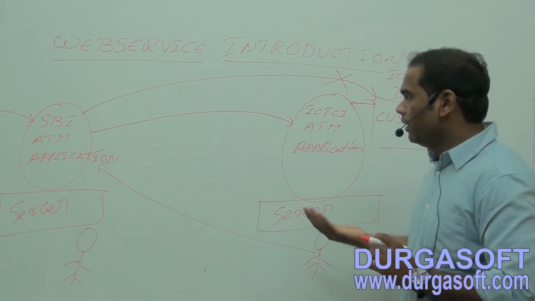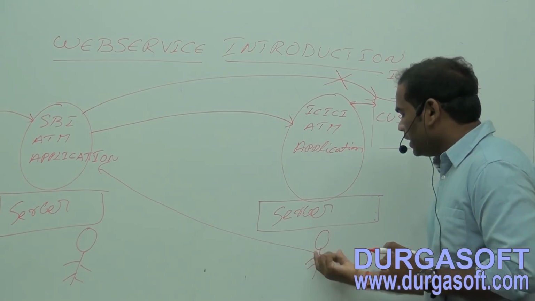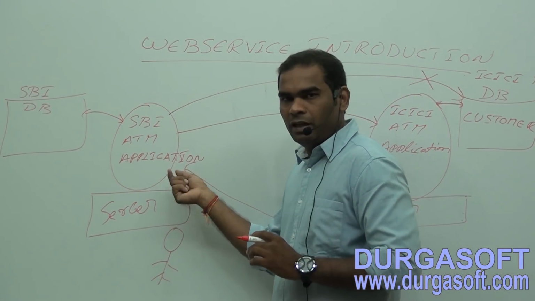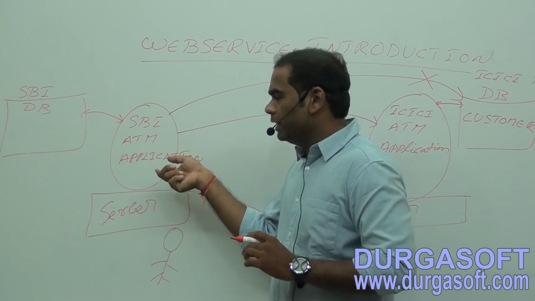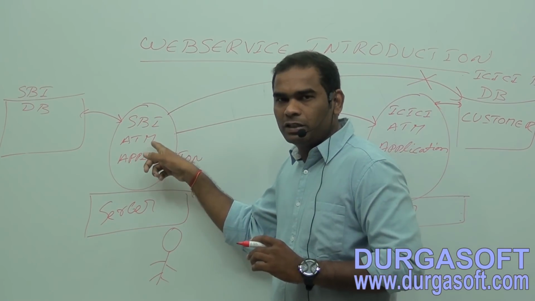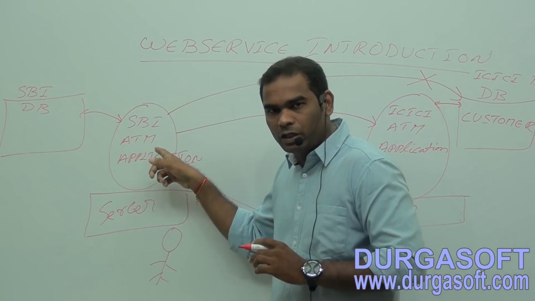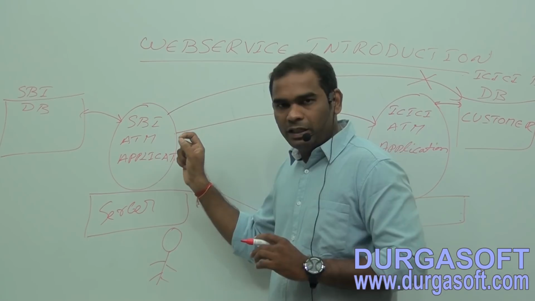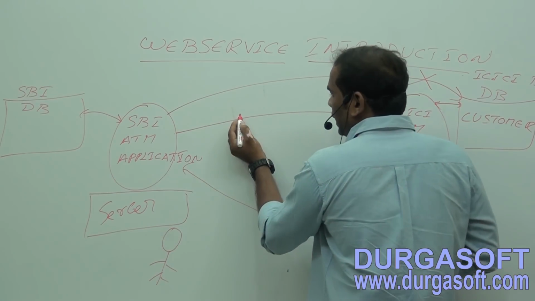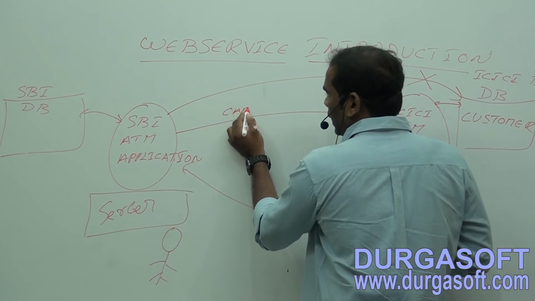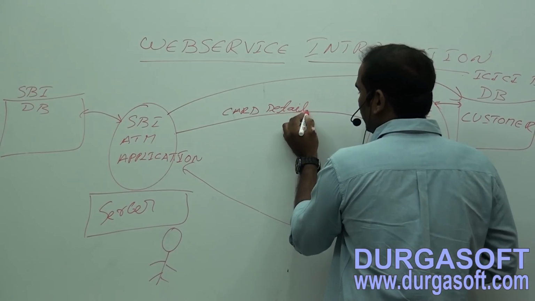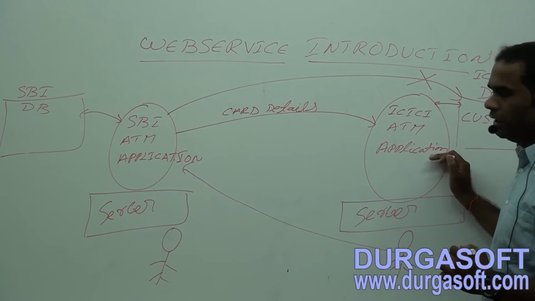So assuming this ICICI Bank customer goes to this SBI ATM center and inserts the card here. This application realizes that yes, this customer belongs to ICICI, so this SBI ATM application will send the card details to this ICICI Bank ATM application here.